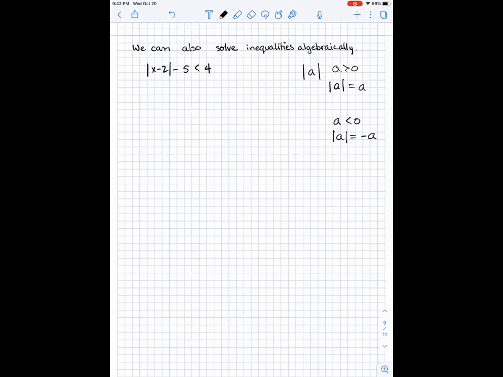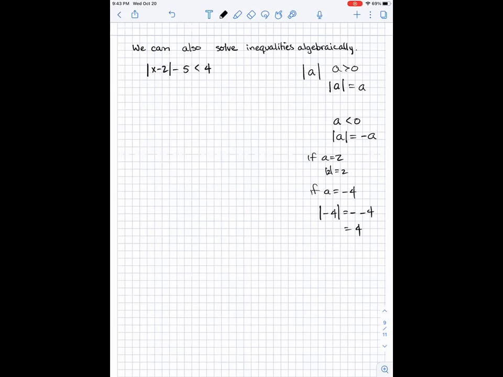If a is equal to 2, we know that that's greater than 0. The absolute value of 2 is equal to 2. If a equals, let's say, -4, the -4 is less than 0, so we know that the absolute value of -4 is equal to the opposite of -4, which is +4. So anyway, this is how we have to deal with two cases.